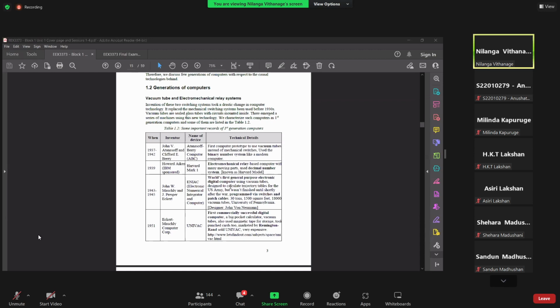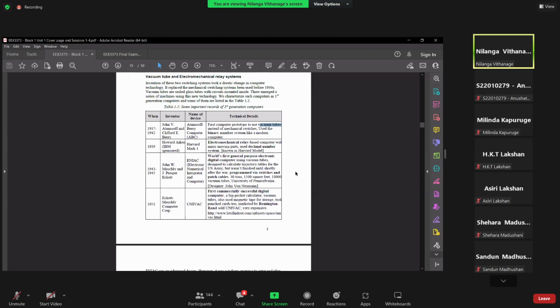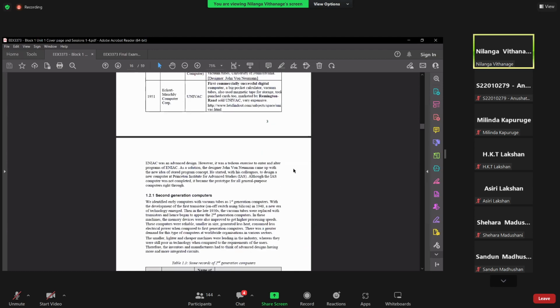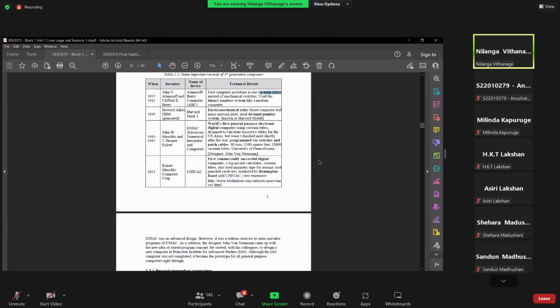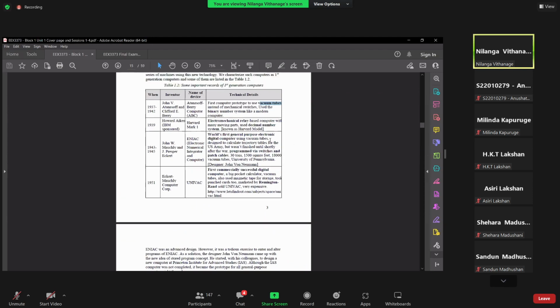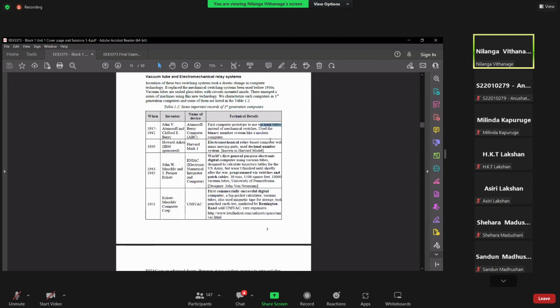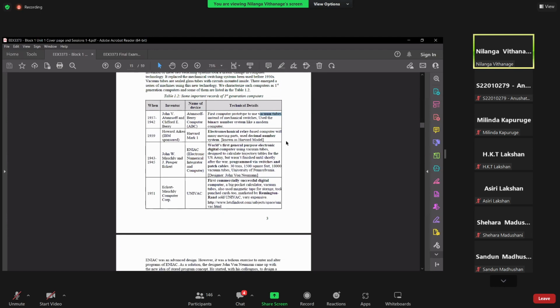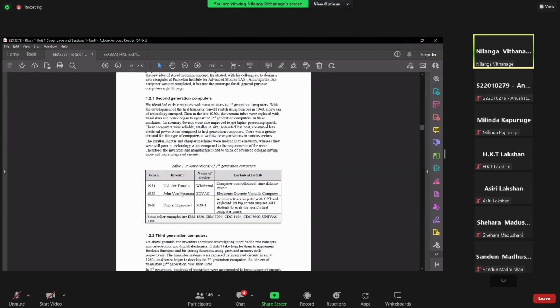All these important things are bold, so you can understand what is going on in the first generation. If you can distinguish between these generations, that is enough, right? You don't need to memorize all these years and everything. But basic things like generation 1 starts from 1937 and generation 2 starts from 1951, something like that. If you can memorize those things, that is totally enough, right?